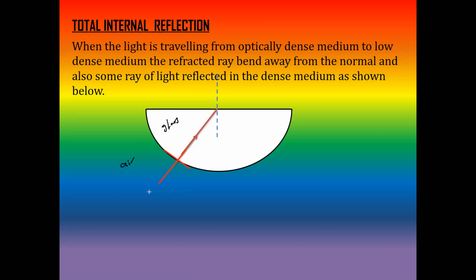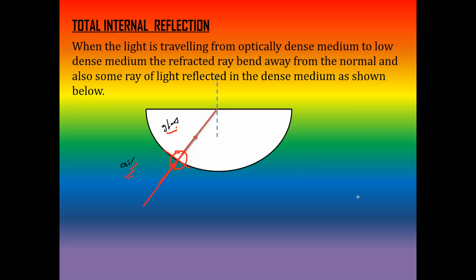When light enters along the direction of the normal, it will not change its direction. Only the speed will change. So if the question is why there is no change in direction when the light moves from air to glass, what should be your answer? You will mention light is traveling from air to glass and it is passing along the normal, so it will not change direction.